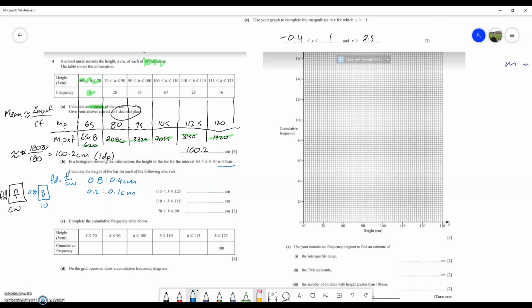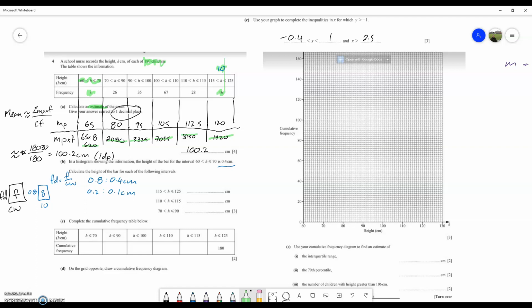So for our other values, we need to work out their frequency density and then work out their height. Because it's 2 to 1, we take the frequency density and divide it by 2. So if we take a look at our 115 to 125, the class width of that is 10. We've got our frequency of 1.6.